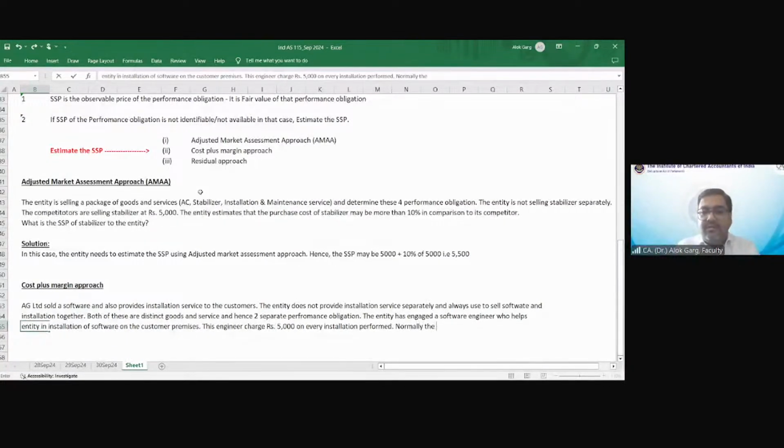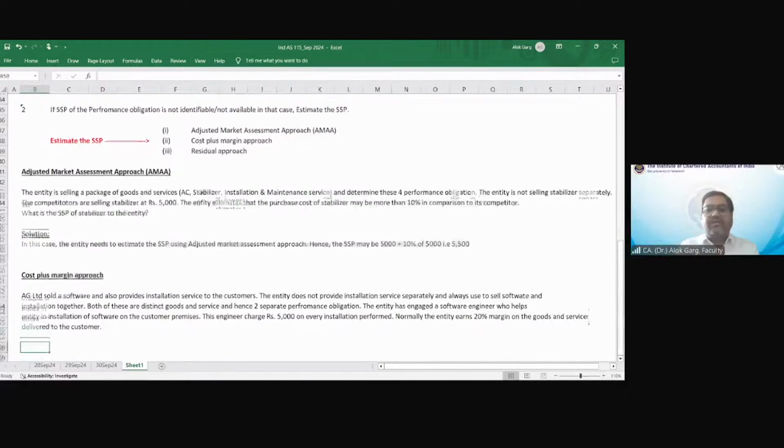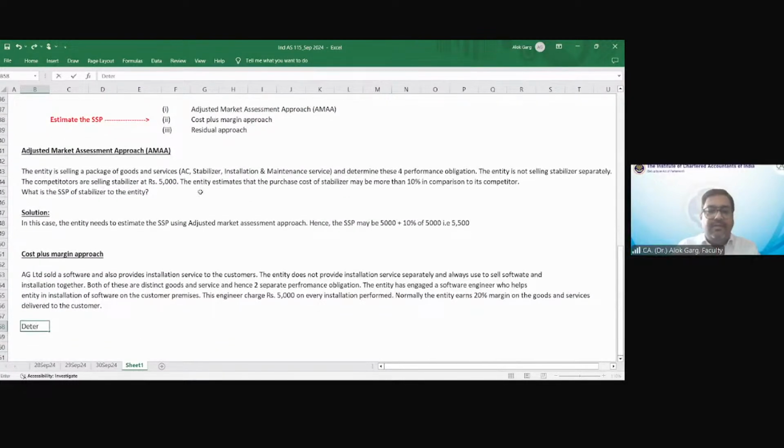Normally, the entity earns 20% margin on the goods and services delivered to the customer. Determine the standalone selling price of installation service.